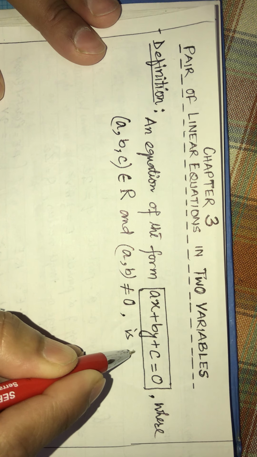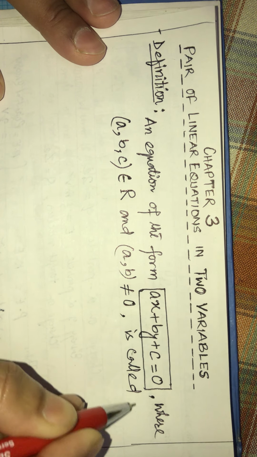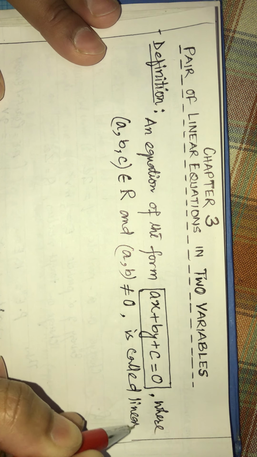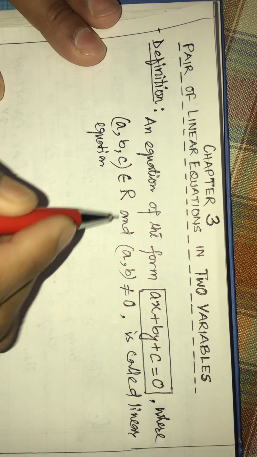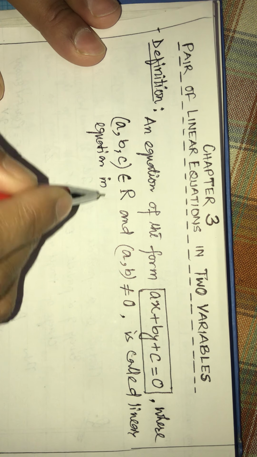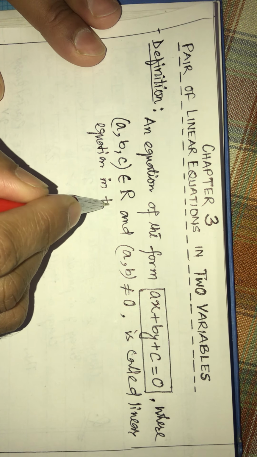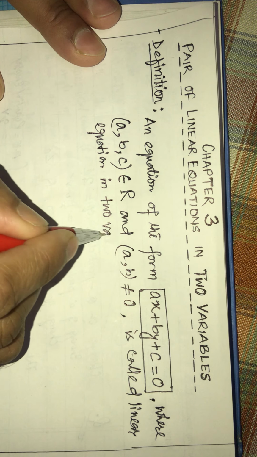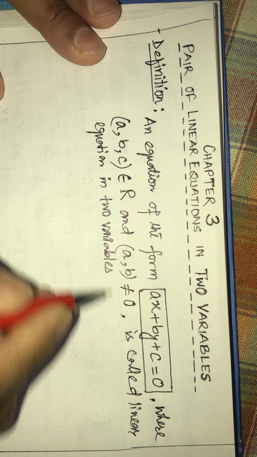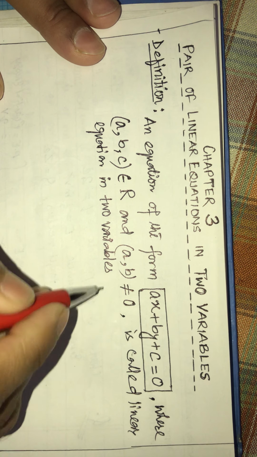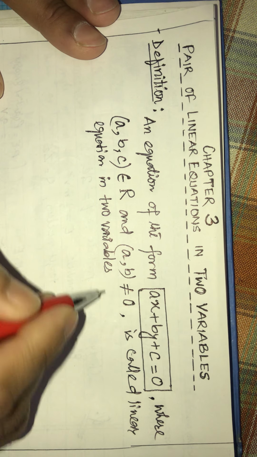Such an equation is called a linear equation in two variables, and the variables are x and y.